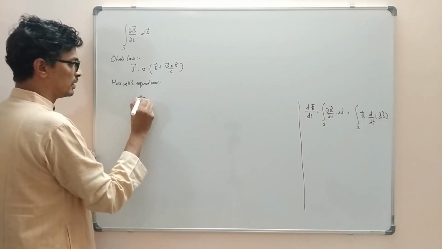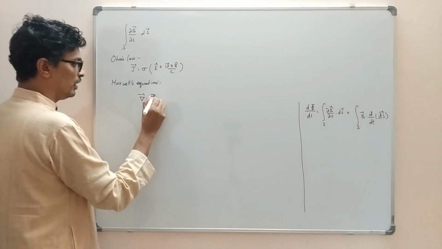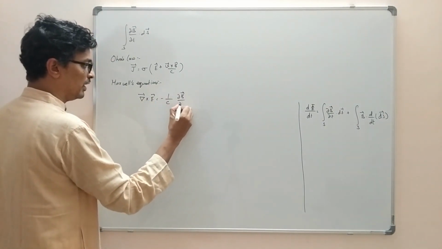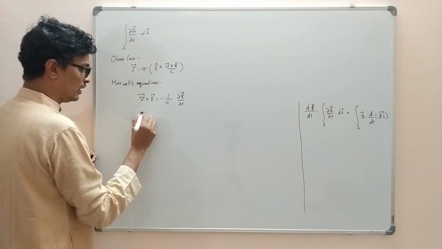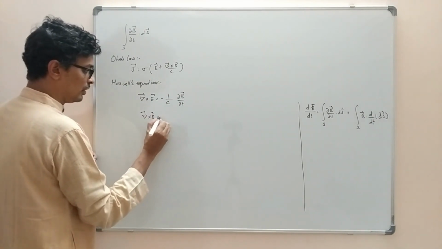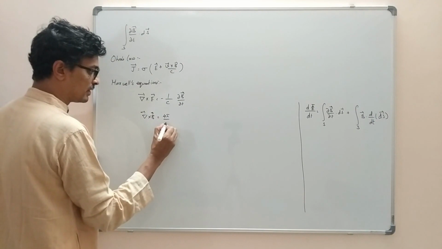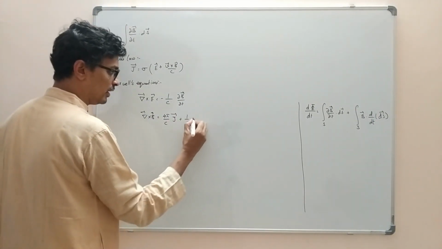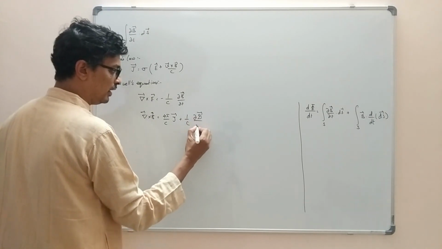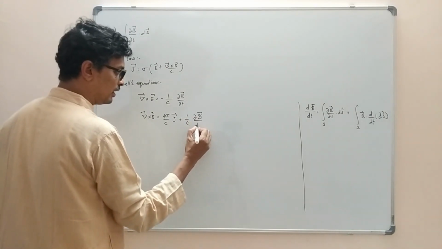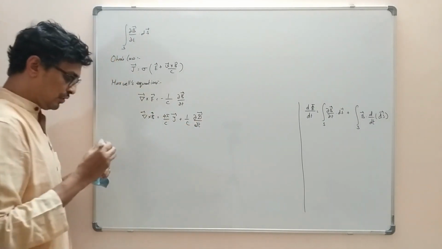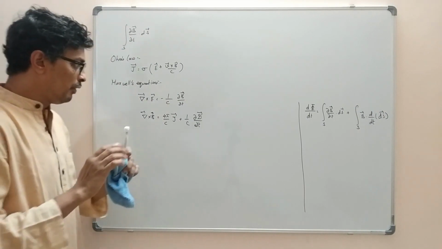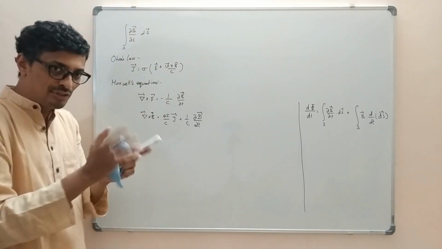The first one is curl of E is equal to minus 1 by C into del B by del t, and curl of B is equal to 4 pi by C J, where J is the current density, plus 1 by C into del D by del t.